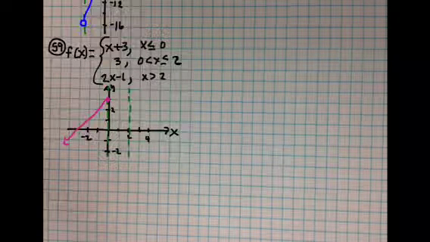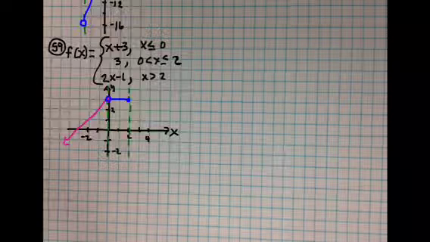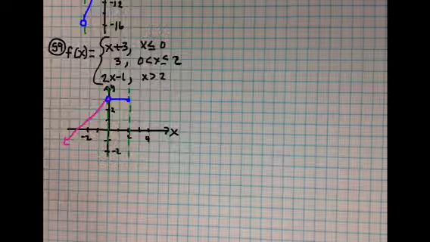So for the middle one, the 3, that's from 0 to 2. Open on 0, closed on 2. So it's going to go like that. It's a horizontal line. And then for the other piece, let's change the color. The third piece, 2x minus 1, replace the x with a 2.